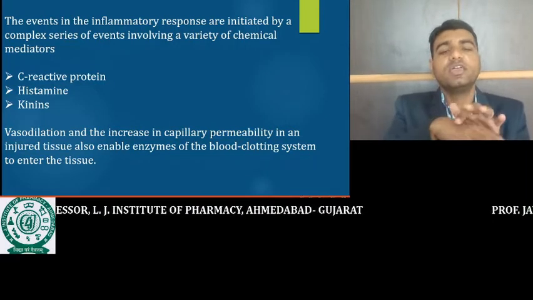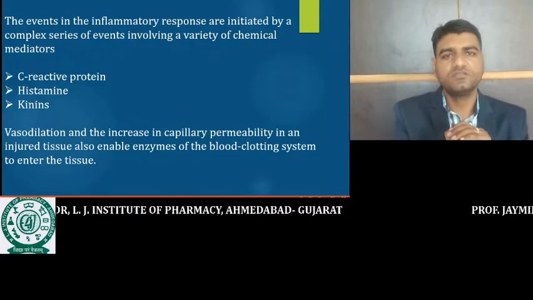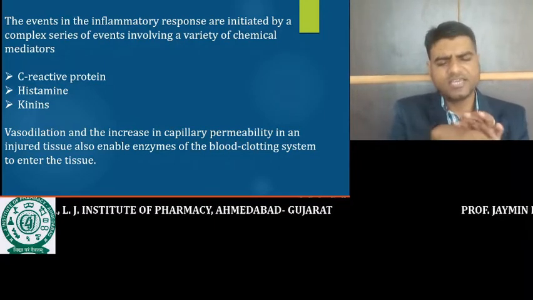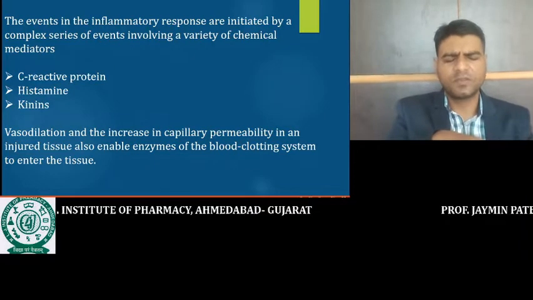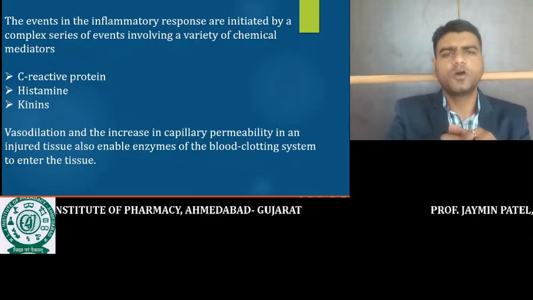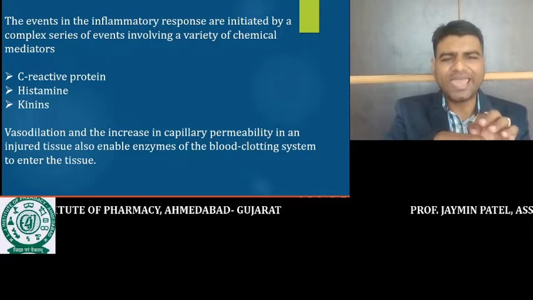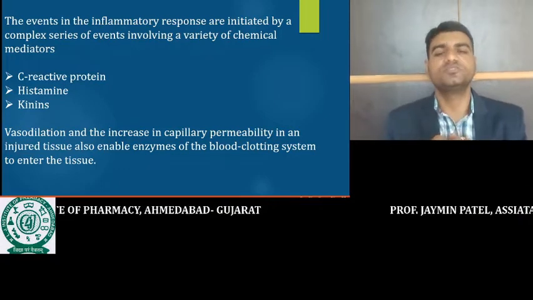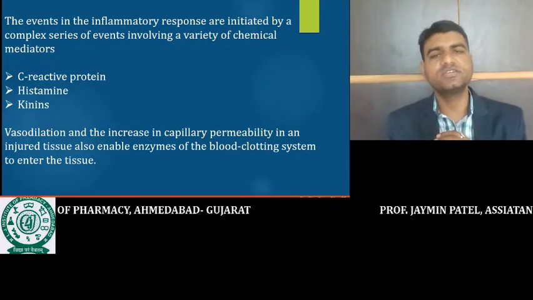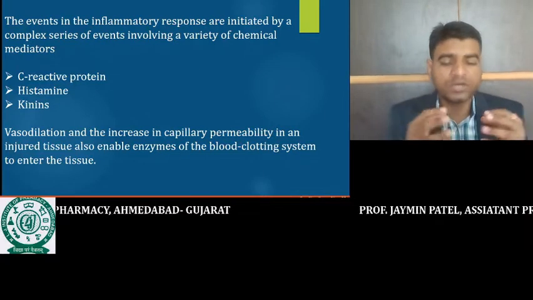In simple sense we can say it is a scar tissue. If any injury occurs, later on the inflammation subsides and we recover from the injury. We observe that that particular part is slightly black in color. That black color is nothing but the scar tissue, and that scar tissue is nothing but the fibroblast. It is produced through the fibrin.